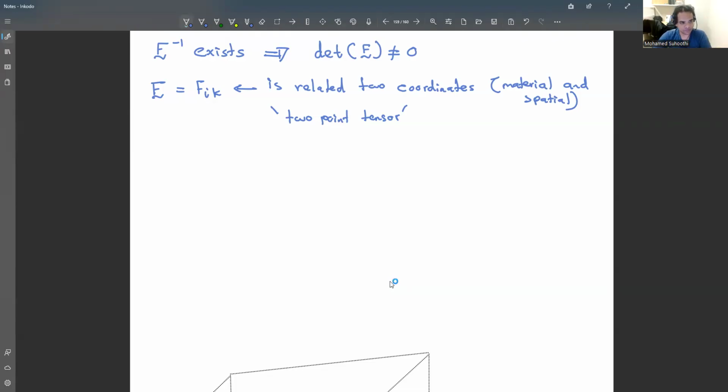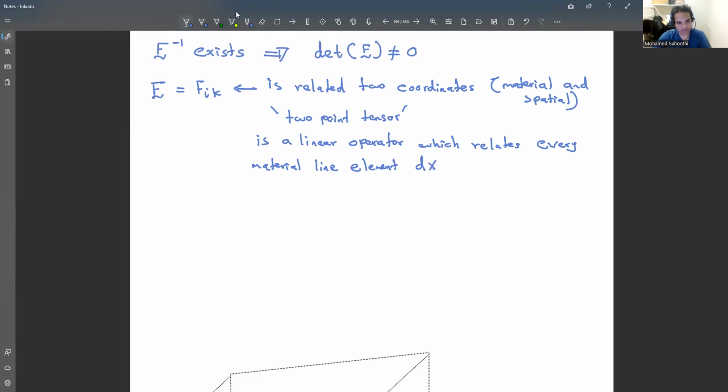It is a linear operator which relates every material line, every material line element, to the spatial line.